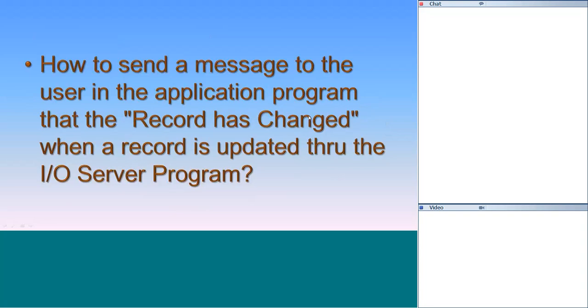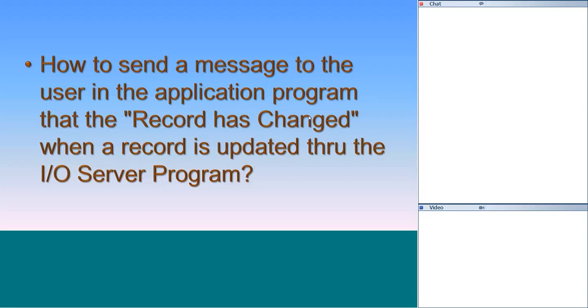Okay, how to send a message to the user in the application program that the record has changed. This was a little bit strange to me because none of the applications I have ever written has ever notified the user that the record that they have changed has actually changed.